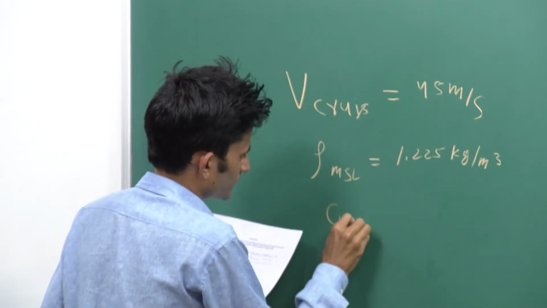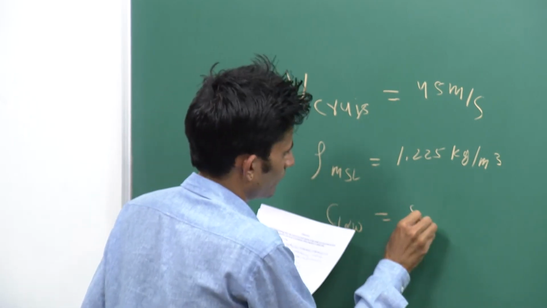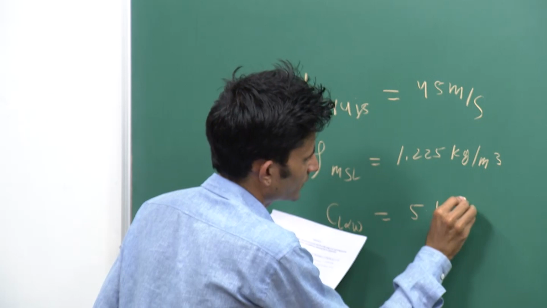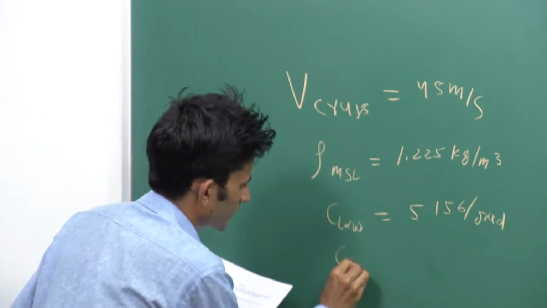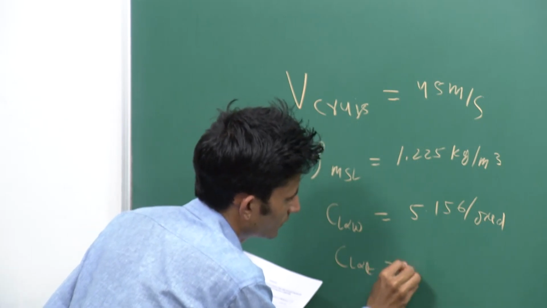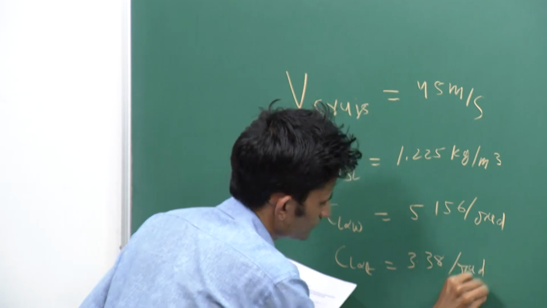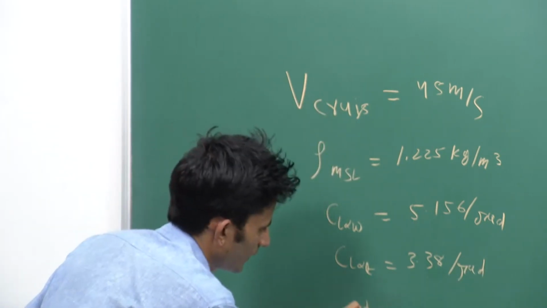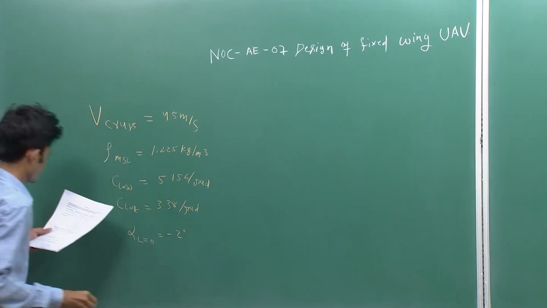CL alpha of the wing is given 5.156 per radian and CL alpha of the tail also given 3.38 per radian, and alpha at lift equal to 0 is -2 degree.